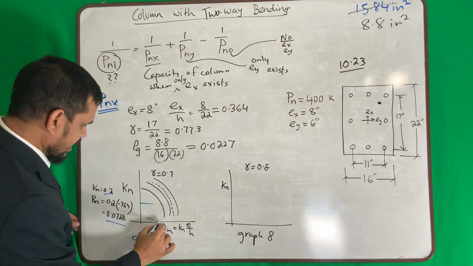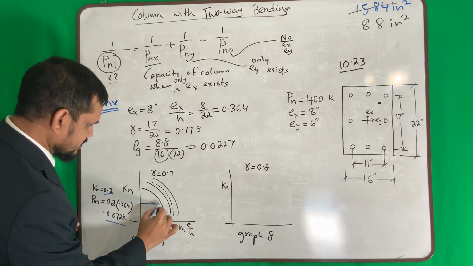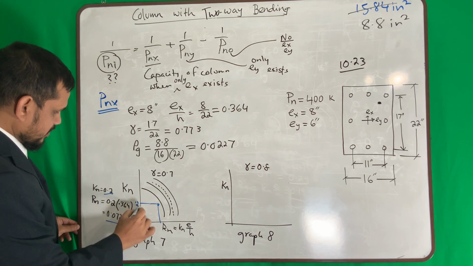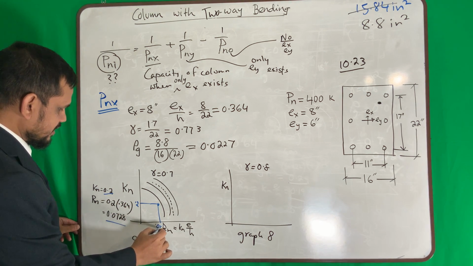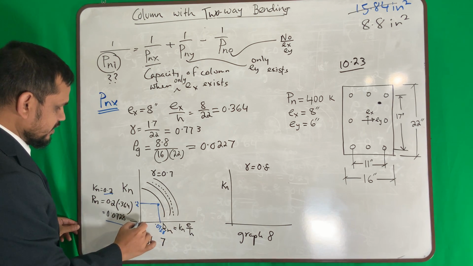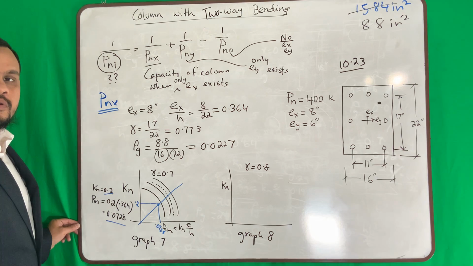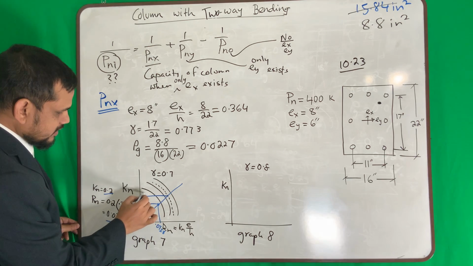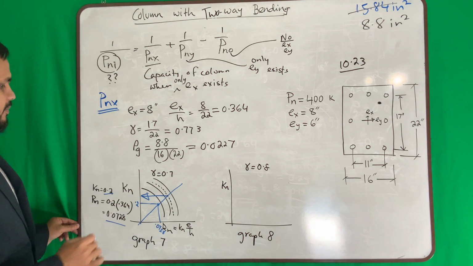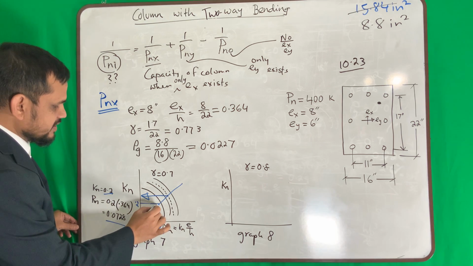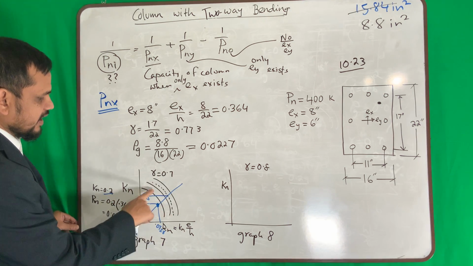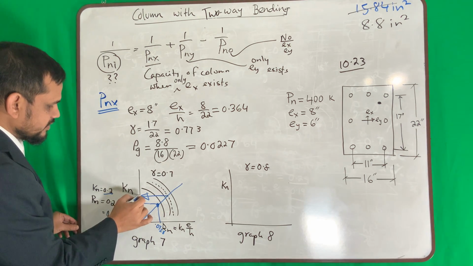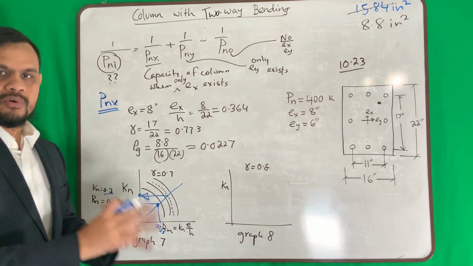Say Kn 0.2 here, Rn 0.0728 here, so you get this point. Then draw a line through it. This point is just arbitrary, just to draw the line, and where this line intersects my rho curve, I go back and find my Kn. This value is my ultimate product.